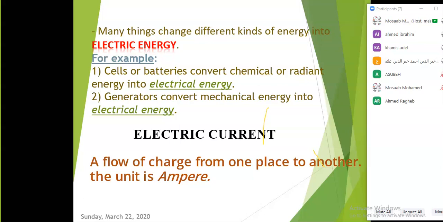The unit of the electric current is ampere. If you write electric current equals 5, 5 what? 5 ampere. Ampere is the unit of electric current.